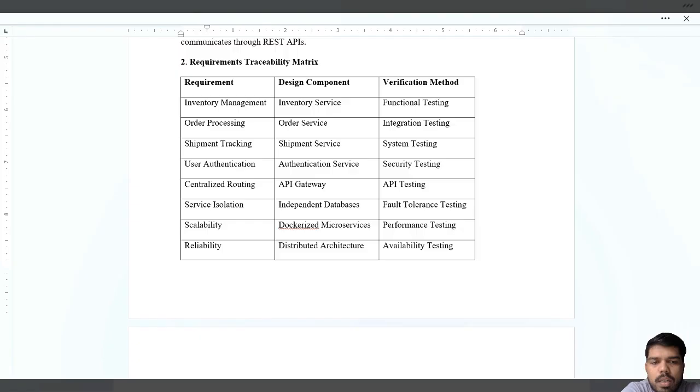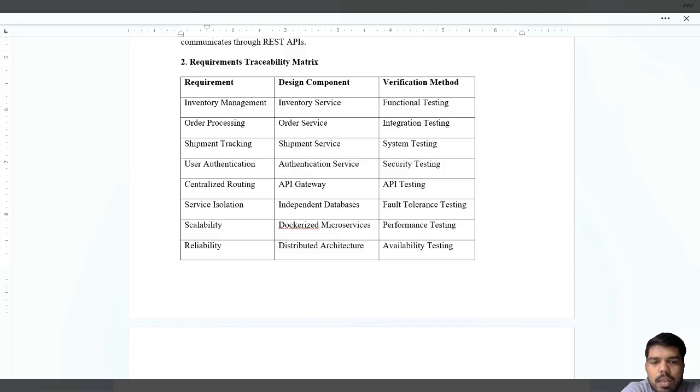Likewise, the order processing requirements are implemented through the order service and validated through integration testing, as well as the user authentication requirements are implemented through the authentication service and verified using security testing.